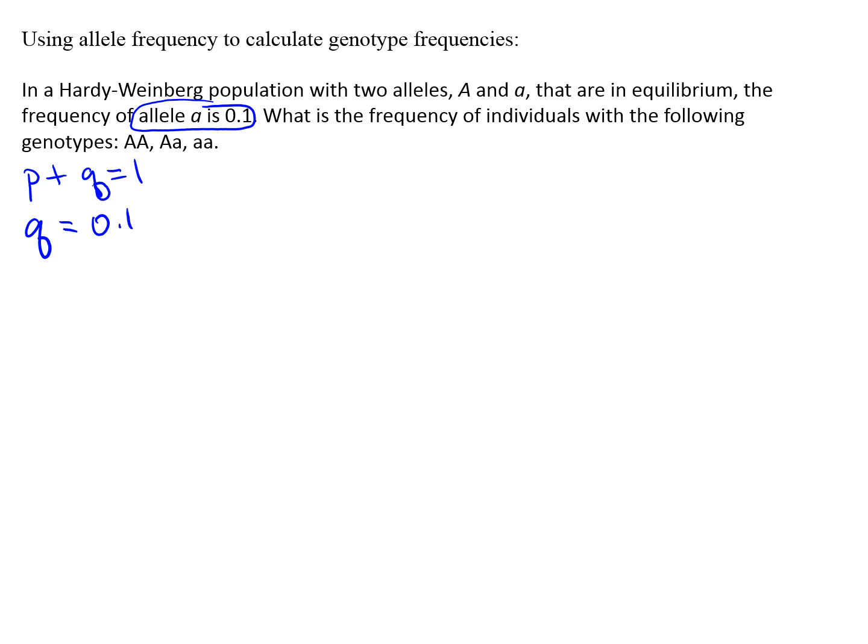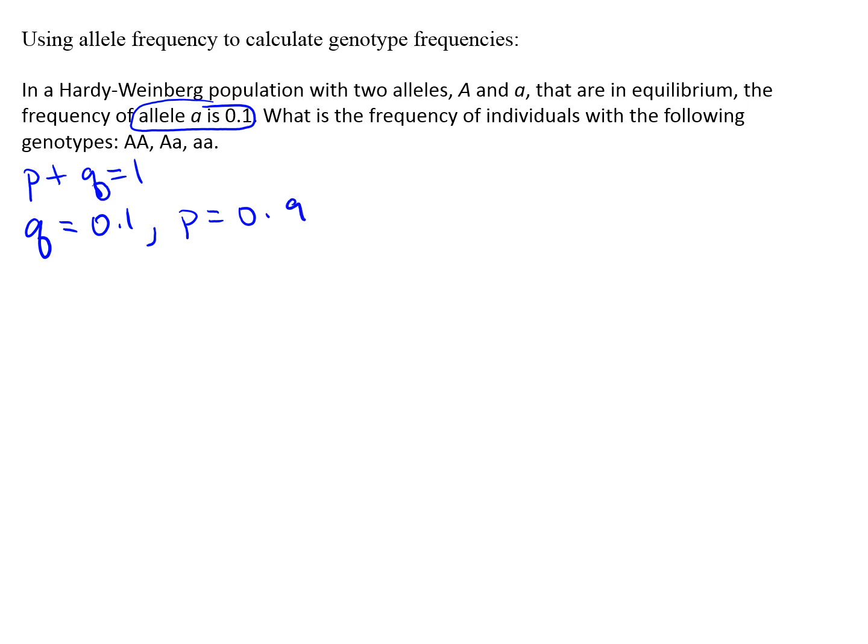And if Q equals 0.1, we can figure out what P is because P plus Q have to add up to be 1. So if Q is 0.1, then P has to be 0.9. And I know that because I take 1 minus 0.1, and that gives me 0.9. So P equals 0.9.